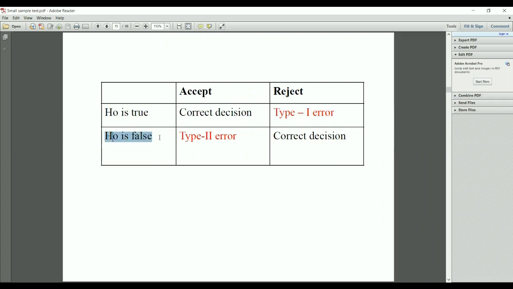If H naught is false, the person is negative, and the test also says the person is negative, that is a correct decision. But if the person is negative and the test says the person is positive, this is type 2 error. So these two are correct decisions, and when it is not correct, that is type 1 error and type 2 error.